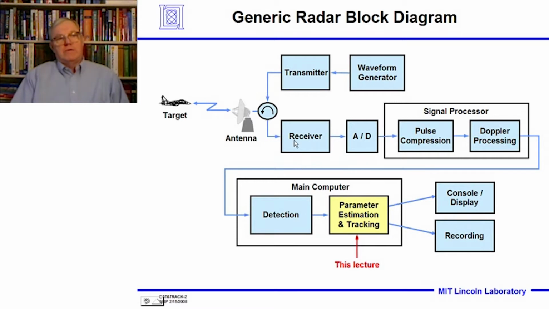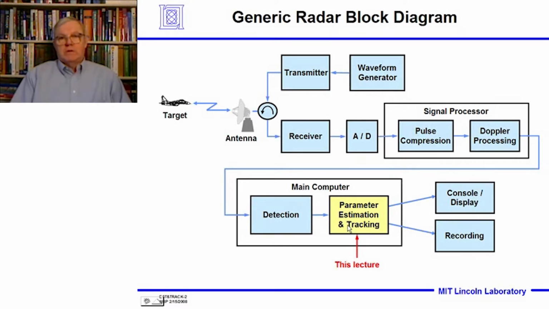After we've gone through the receiver, signal processor, and we've detected the targets, then we want to get the best estimate of the observables that we've measured, the range, the azimuth, the Doppler velocity, etc. And that's called parameter estimation.